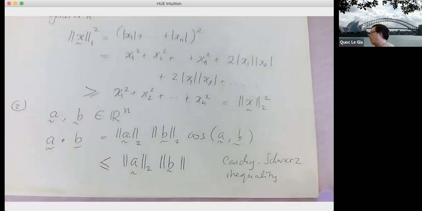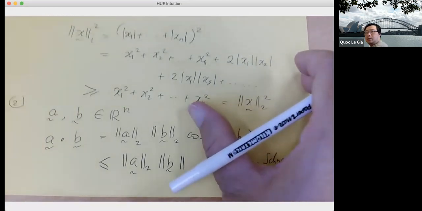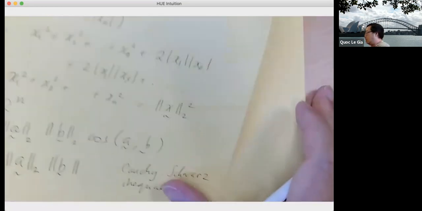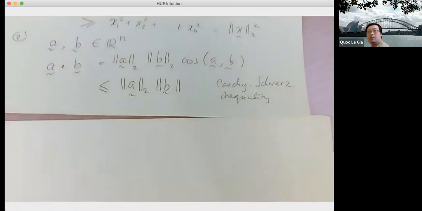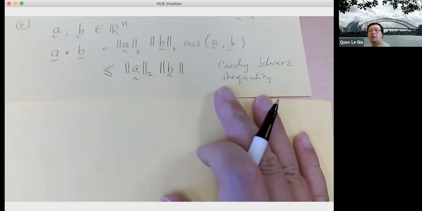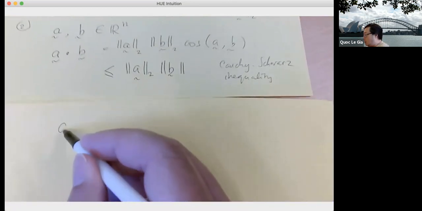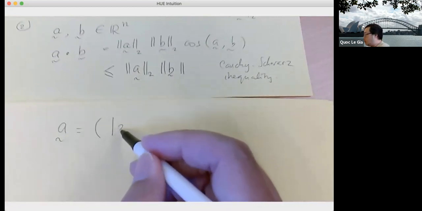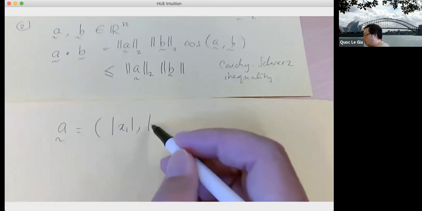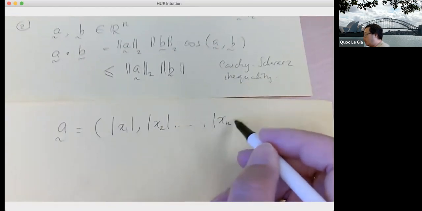Okay. So now I'm going to use this inequality. Let me show you how. I'm going to take A to be the vector that has entries absolute value of x1, absolute value of x2, up to absolute value of xn.